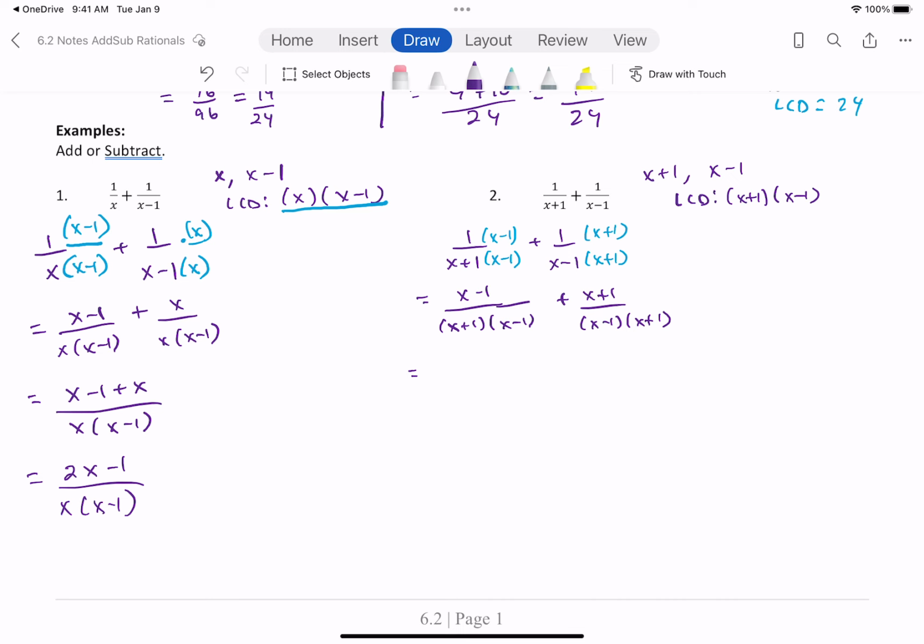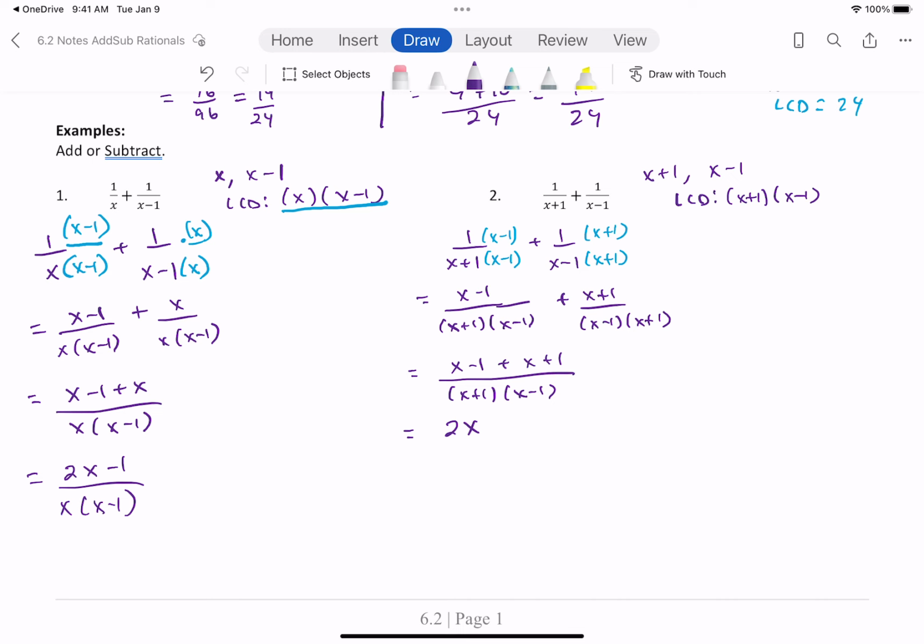And now the fractions have the same denominator, so we can collect the two numerators over that common denominator, and then we just need to simplify. So I have x plus x is 2x.